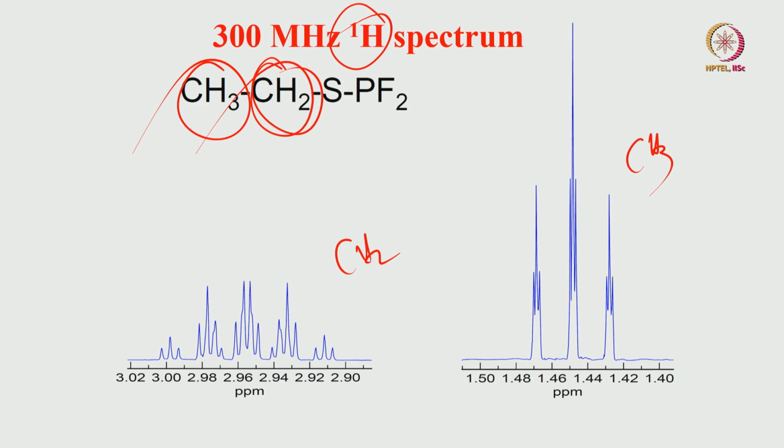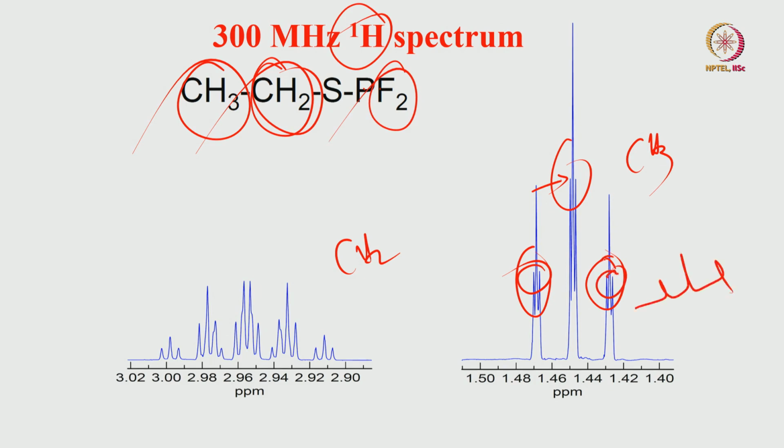It can also couple with phosphorus and fluorine. If you carefully see this molecule, each line of the triplet is further split into a triplet because of fluorine. If you take this triplet here, this separation gives me the JHF coupling for the CH3 proton, and this separation gives me the HH coupling.